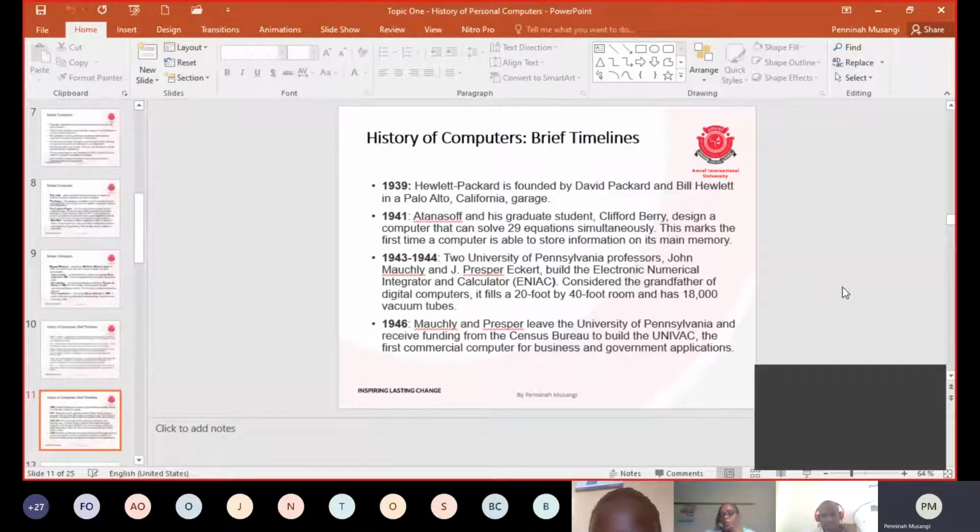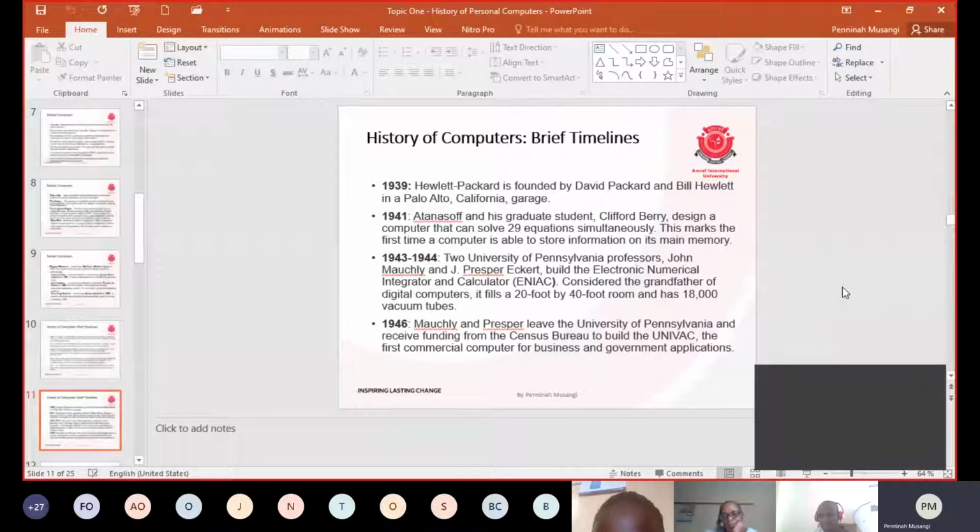1941, the professor, the one who attempted to build a computer without gears, was supervising some PhD students in that university. With one of his students called Clifford Berry, they designed a computer which could solve 29 equations simultaneously. One thing you'll note is that previous computers before this were solving one problem at a time.